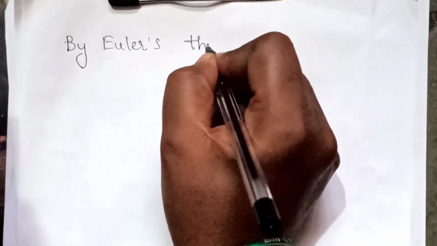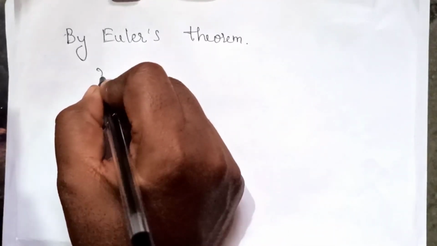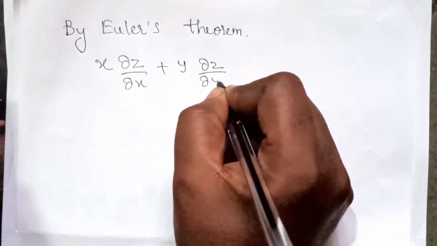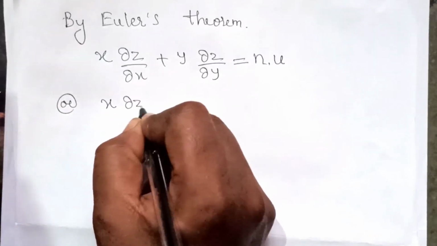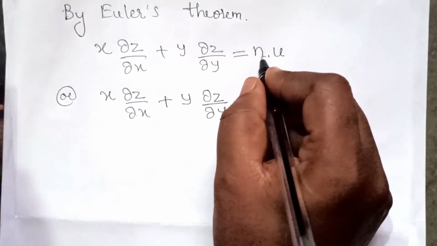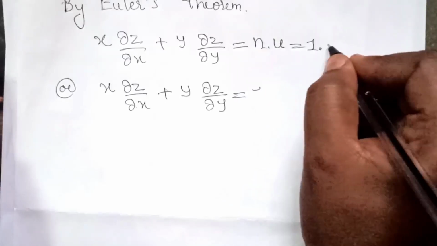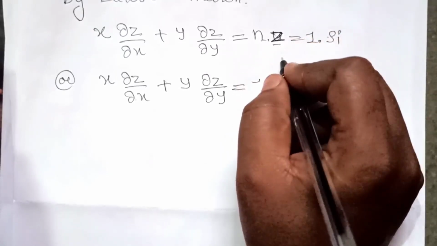Now by applying Euler's theorem for z, we get x dou z by dou x plus y dou z by dou y equals n into z. Here the degree of z is 1, therefore I will write 1 into z.